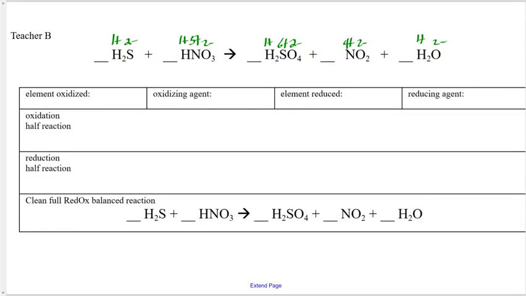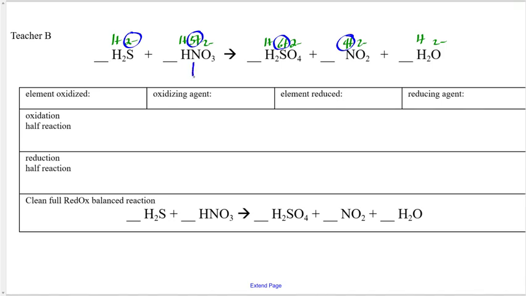The next step is to circle the ones that have oxidation numbers that change. So my sulfur changes, goes from a 2 negative to a 6 positive. My nitrogen goes from a 5 positive to a 4 positive. The next step, identify the oxidation number for an element that gets smaller or is reduced.